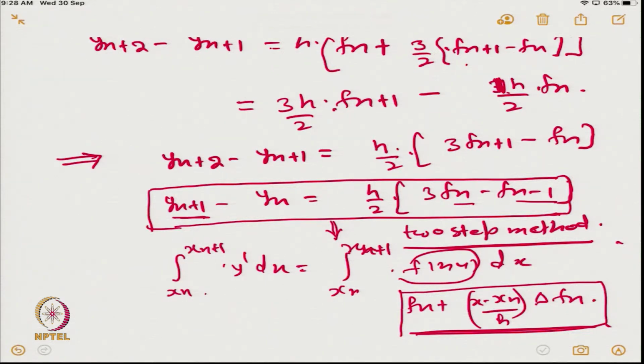So, why? Because accordingly we will get the trapezoidal method, which is just a single step method. They involve terms with n and n plus 1, while in the case of this two step method, terms involved n plus 1 and n plus 2 from here, n minus 1, n and n plus 1 here. So, that is why we started integration from xn plus 1 to xn plus 2.